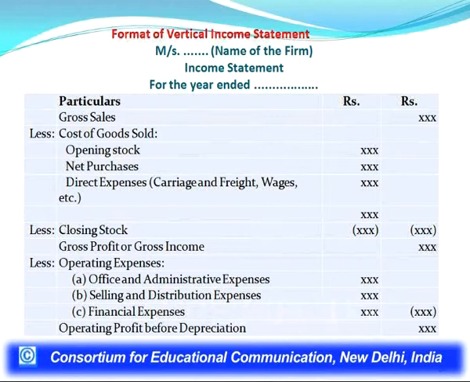After finding gross profit, we have to deduct operating expenses. Normally these three categories of expenses are considered as operating expenses: office and administrative expenses, selling and distribution expenses, and financial expenses.